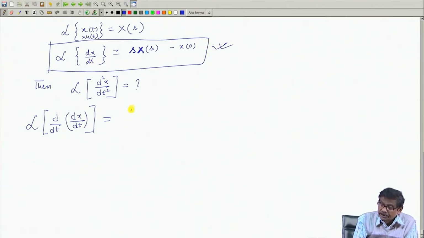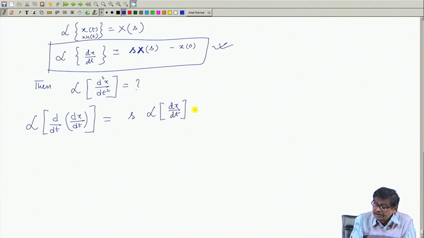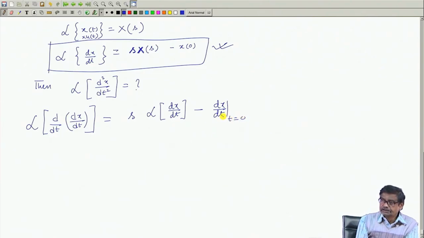So, what will it be? It will be s into the Laplace transform of dx/dt, minus the functional value of dx/dt at t equal to 0.